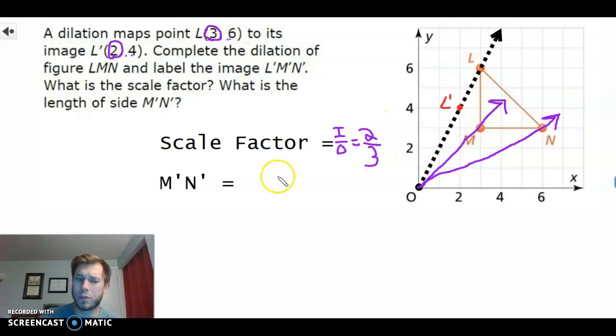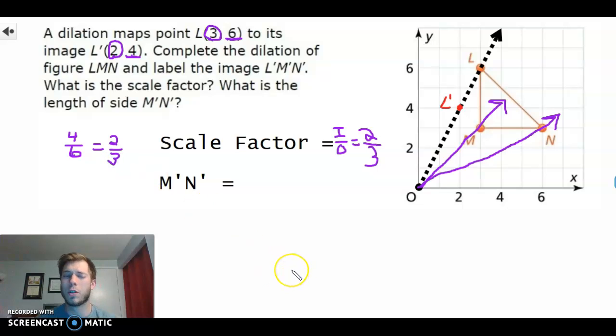This would also work if you chose the y-coordinate. So if instead we chose the y-coordinates, it would also work. The image would be 4 over the original, which would be 6, which simplifies down to 2/3.